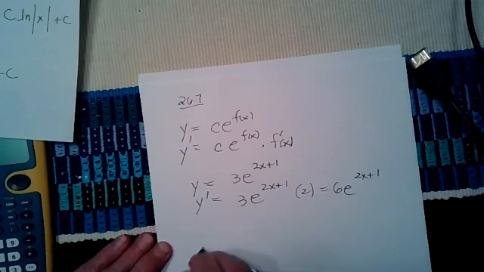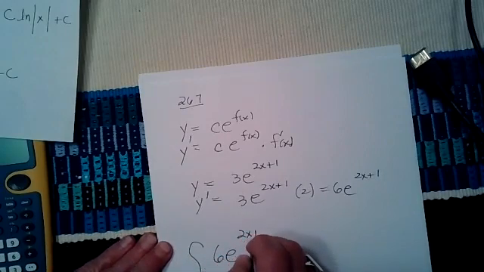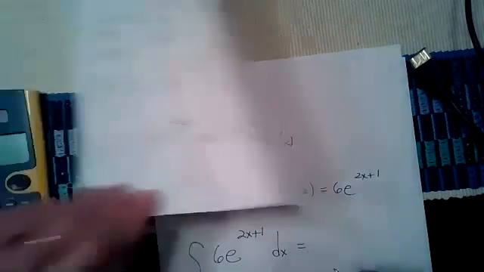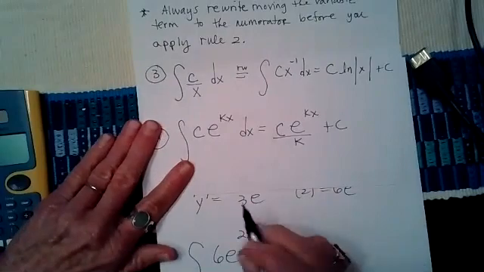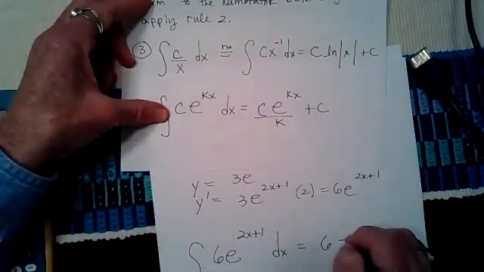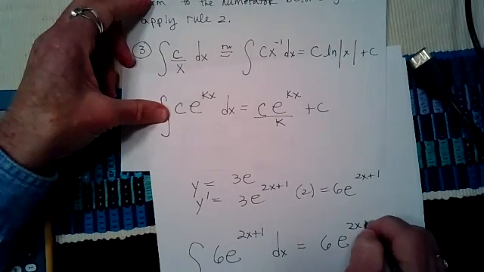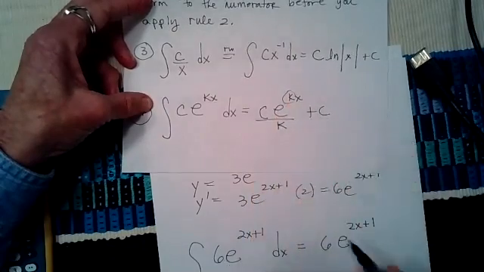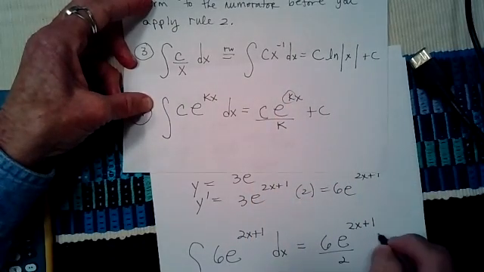Okay, so now if we integrate 6e to the 2x plus 1 dx, my rule 4 says bring over the number in front, 6, leave the exponent on e the same, okay, and I divide by the number in front of x, so I divide by 2 plus c.